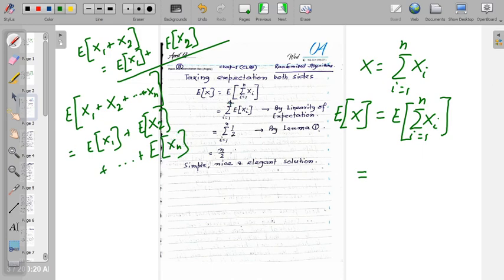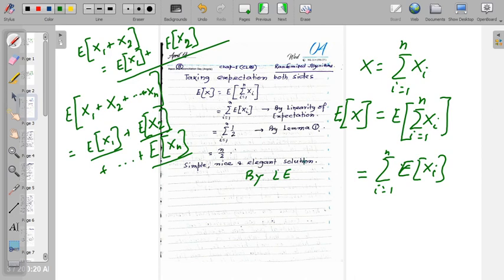So we can write this summation, meaning the expectation will be inside now, by linearity of expectation, as the sum of expectation of xi. If I expand, it becomes expectation of x1 plus expectation of x2 plus up to expectation of xn. So this is by linearity of expectation.